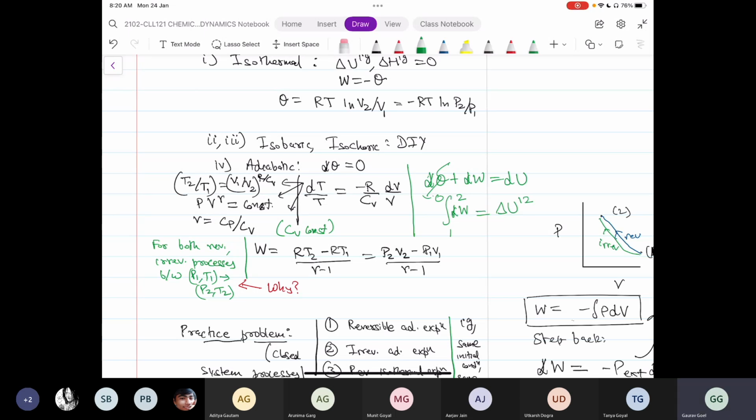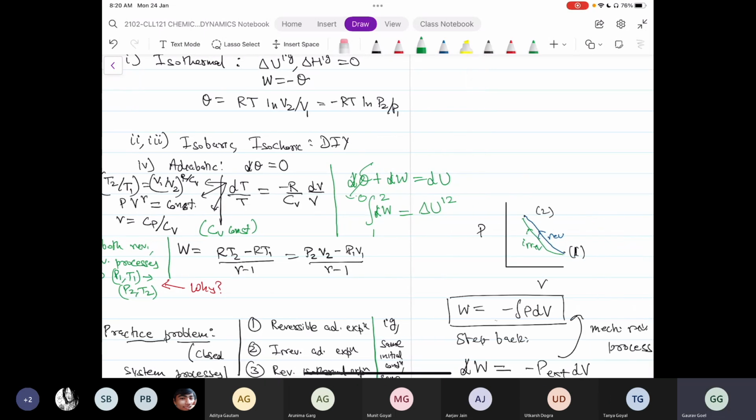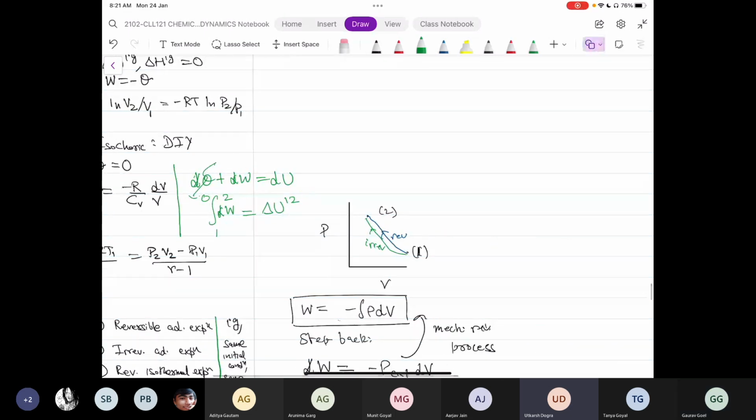Okay. However, once I come to chapters 5, 6, and 7, we'll discuss physical operation, compression. There, what you will see is I will not compare two processes, reversible versus irreversible, by saying the initial and the final states are the same, but rather, that is what is basically physically happening in the process.